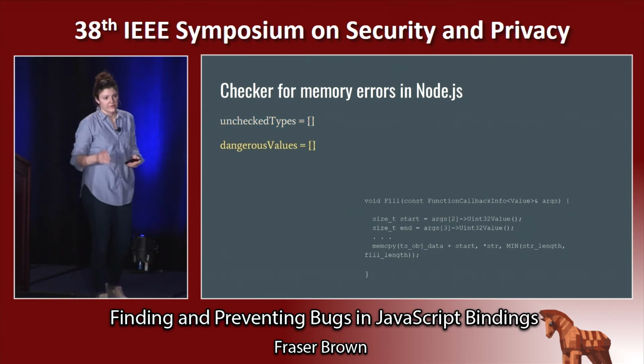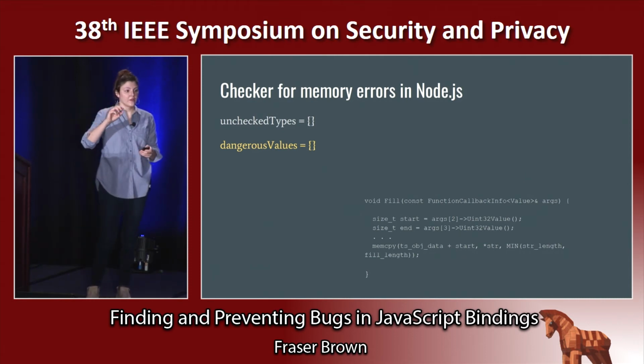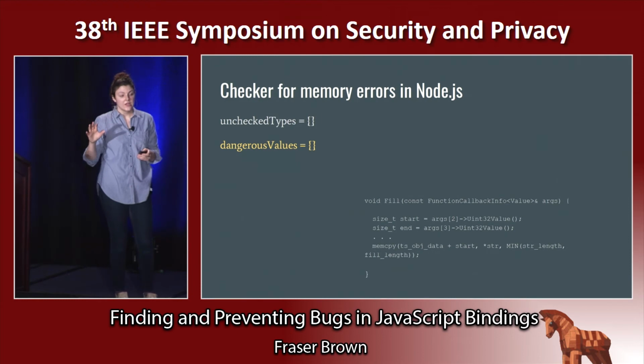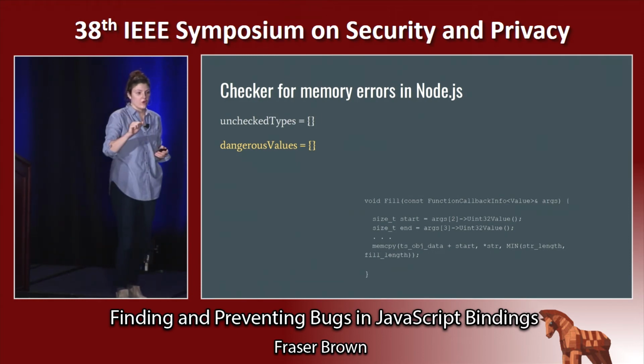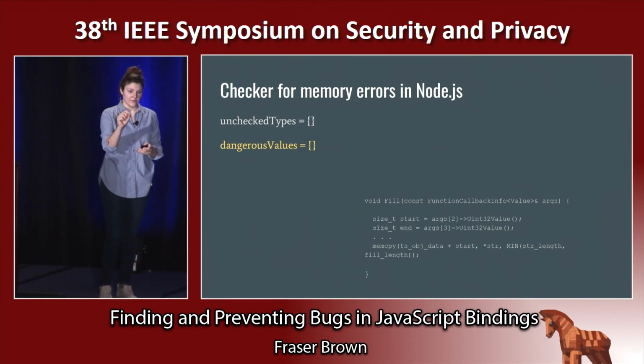Then it keeps track of something called dangerous values, and that's a little complicated, but it's looking for cases where implicitly casting functions, like uint32, are called on variables that are in that unchecked type set.